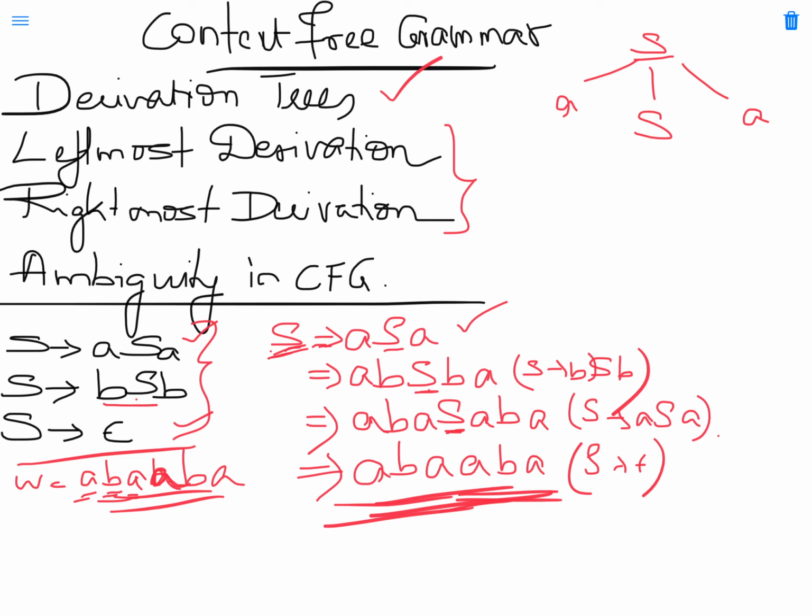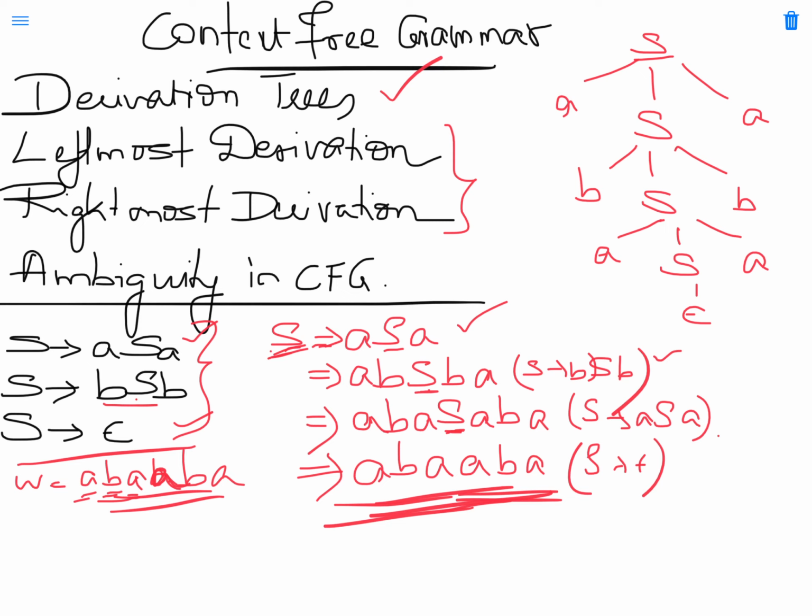Next, S is again a non-terminal. The second production we used here is S gives BSB, so you can write B, S, B. Again this S needs to be replaced, so the third production used for S is ASA, and finally you used epsilon.